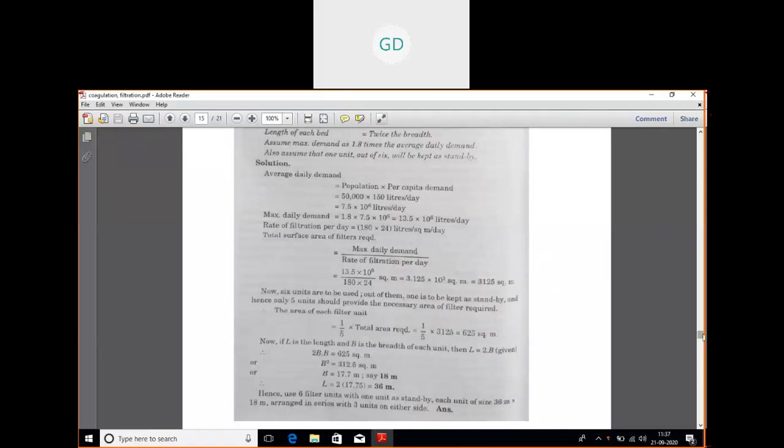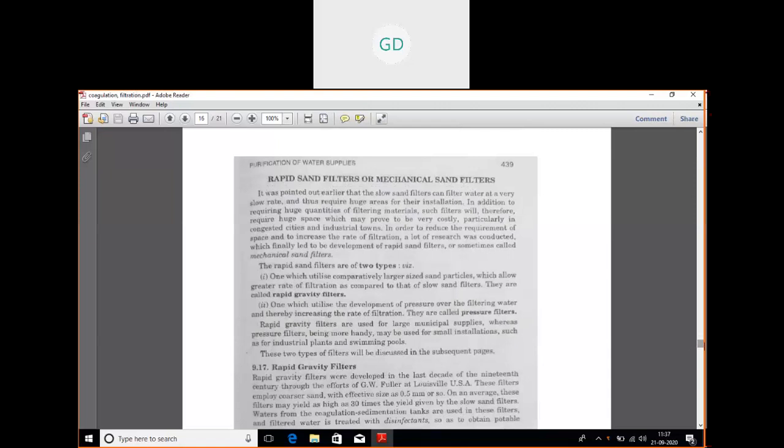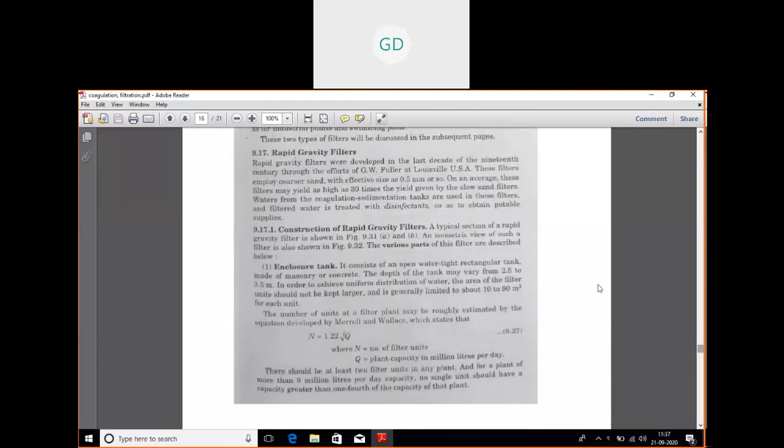Next is again rapid filters, already explained. I also already told you to write the constructional details of slow sand and rapid gravity filters. So the same things are provided here.